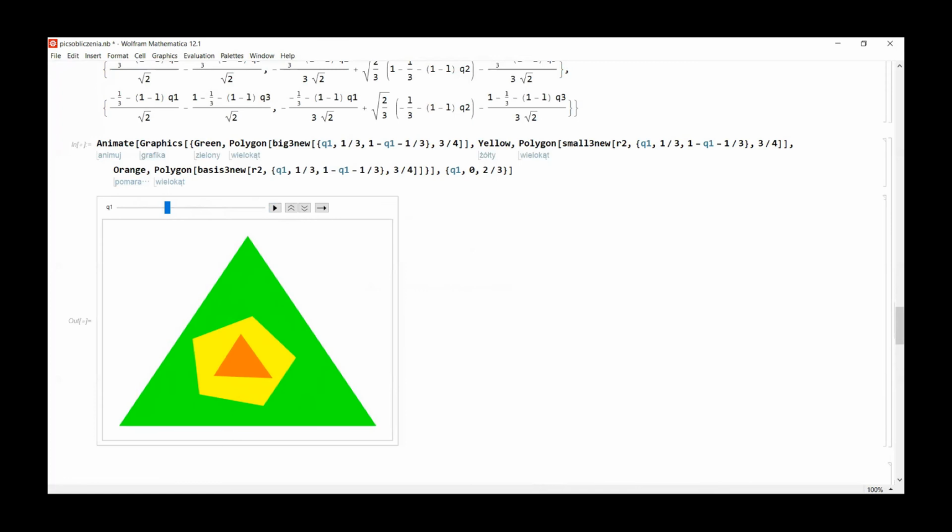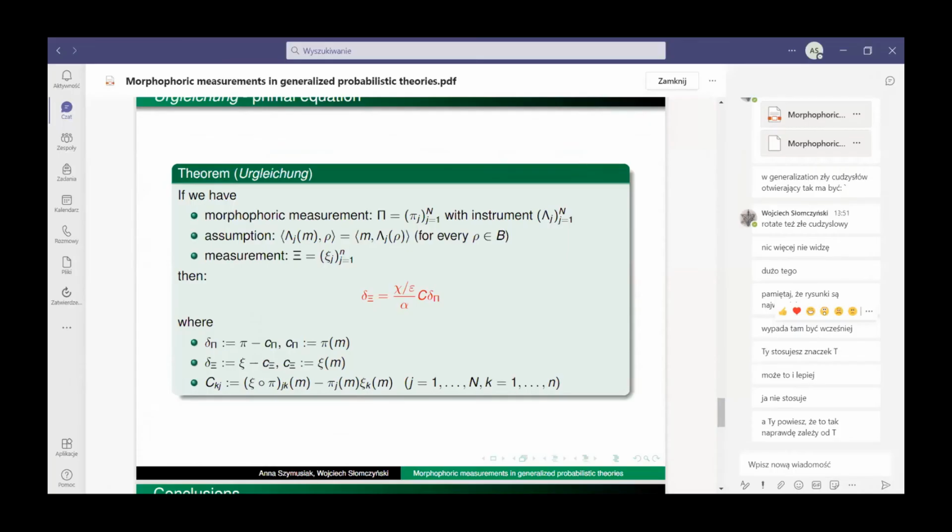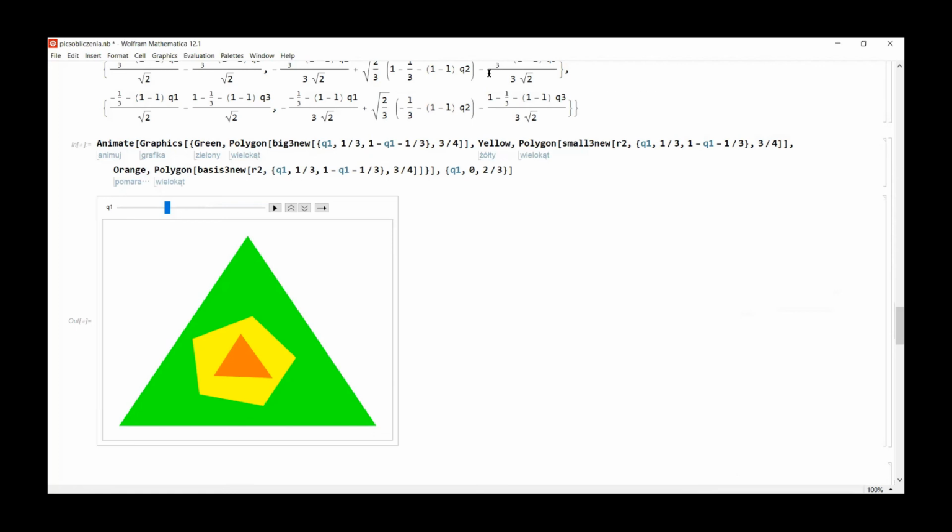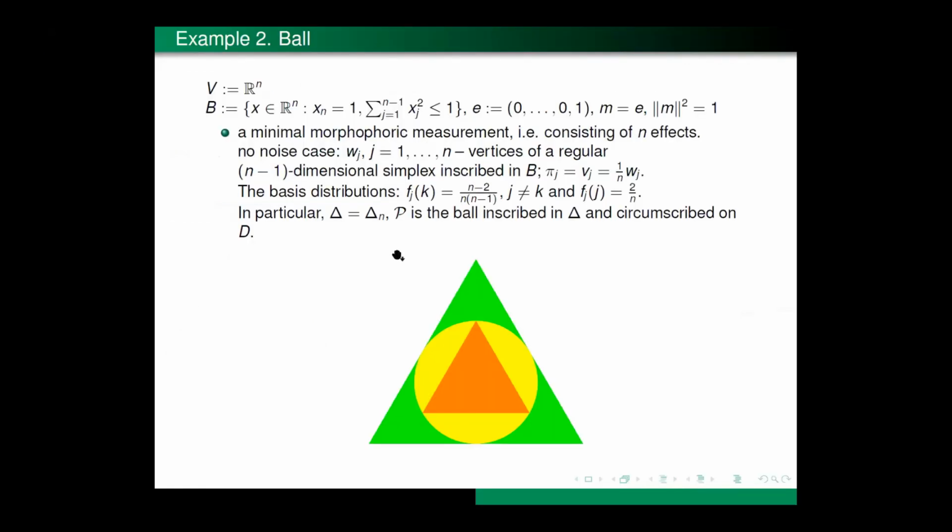Okay, I guess I ran out of time, so I can show you some other examples, like we can have ball and the minimal morphophoric measurement, which consists of n effects. So we obtain two simplices here that are dual.